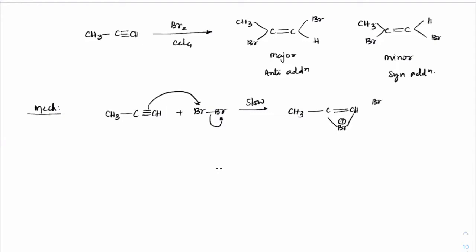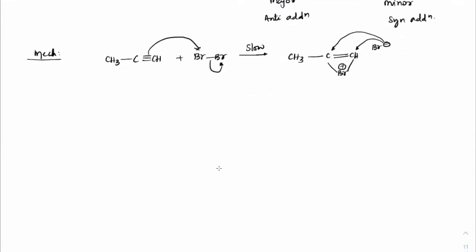Then the next Br that comes here, it doesn't matter whether it attacks from here or here, so it is non-regioselective because both will give the same product. Hence we will get CH3, C, Br with CH, double bond and Br here. That's how the addition happens, and the final products will usually be trans as major.